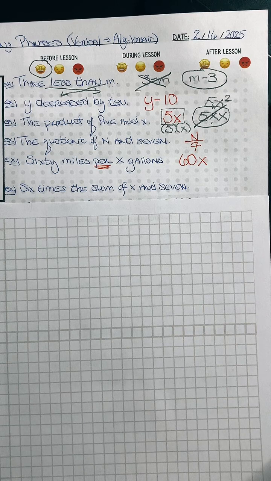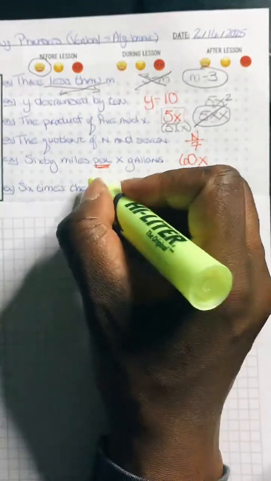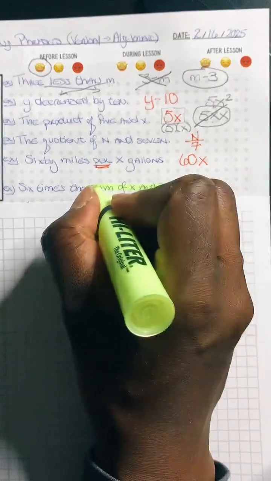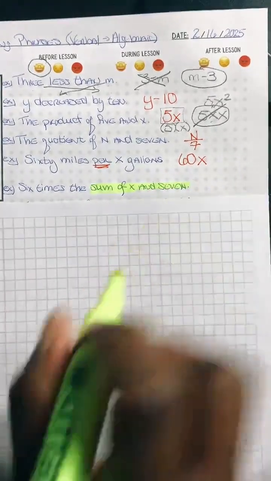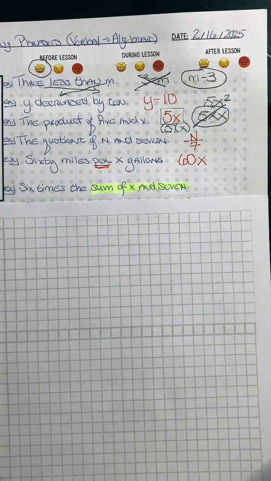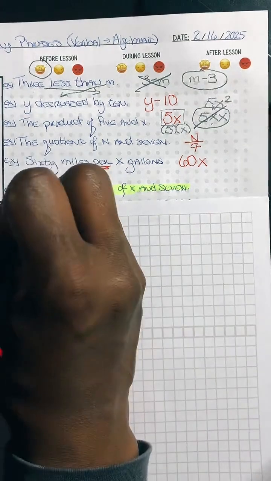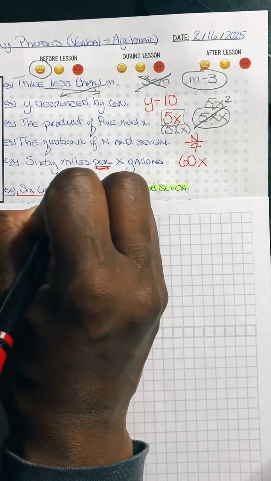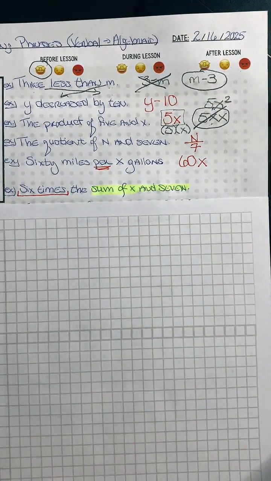Good. So 6 times the sum of x and 7. So if we think about it, there's 2 things happening here. One is the sum of x and 7. That's one thing. The other thing is 6 times this. Okay?